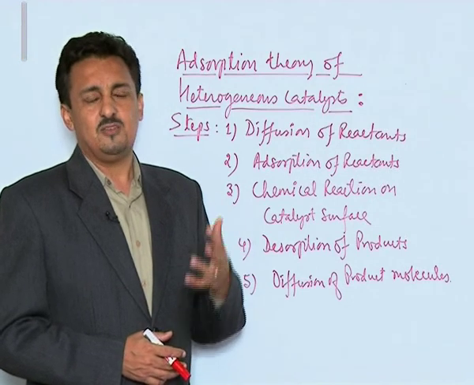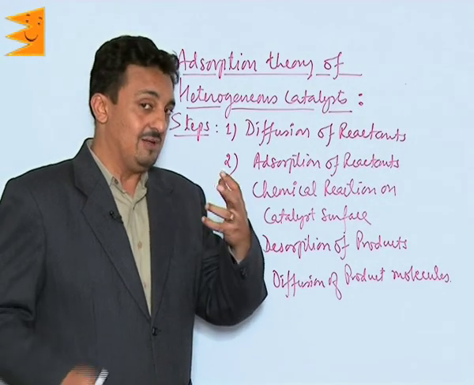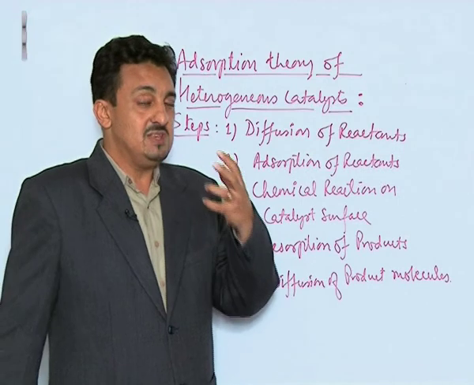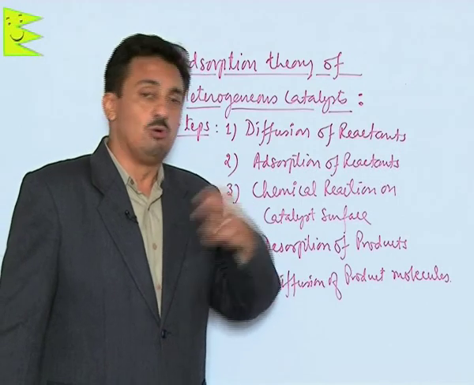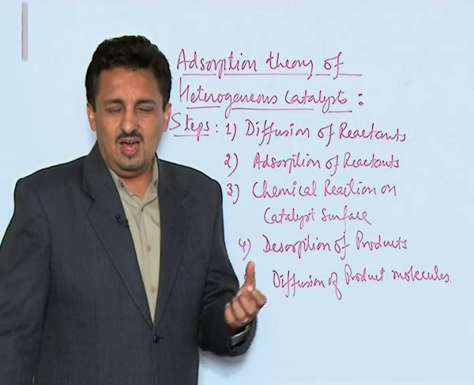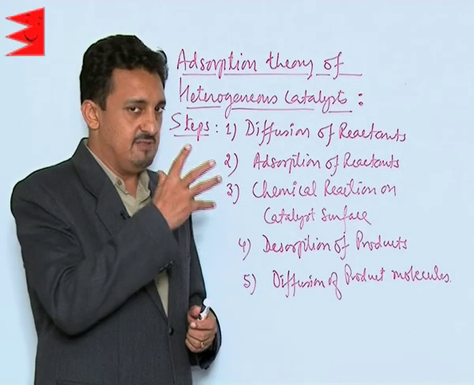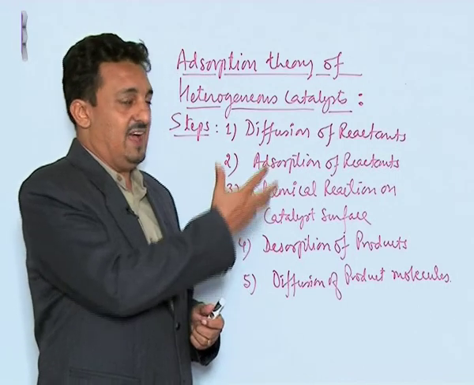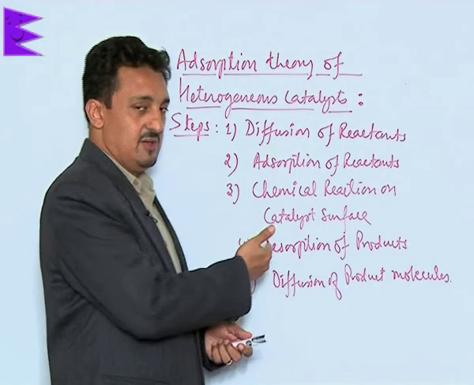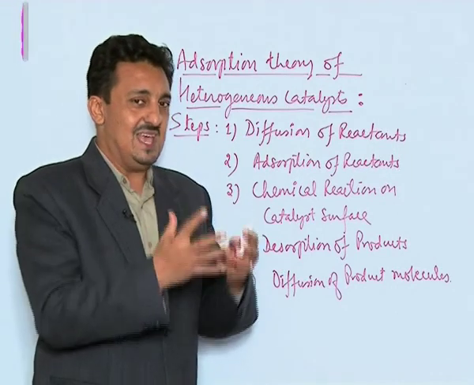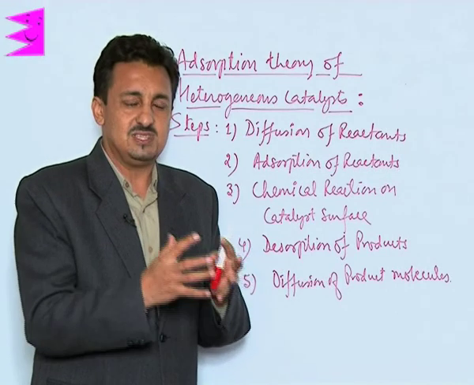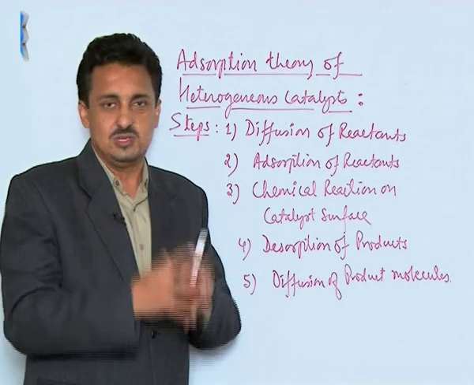But later on it was realized, and it was believed earlier also, that reaction intermediates are only formed by the homogeneous catalysts. But now it has been realized, and it has been proved by the theories, part of which is there in our syllabus, which say both things happen in the case of heterogeneous catalysts also.